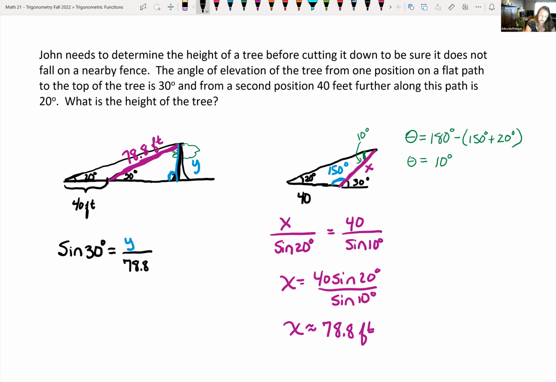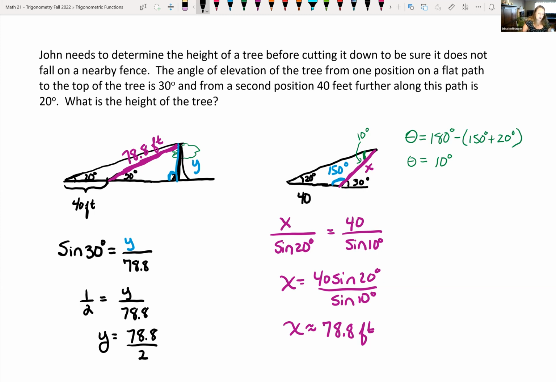Sine of 30 degrees is 1/2, equal to y over 78.8. So multiplying both sides by 78.8, I get 78.8 divided by 2 is equal to the height.